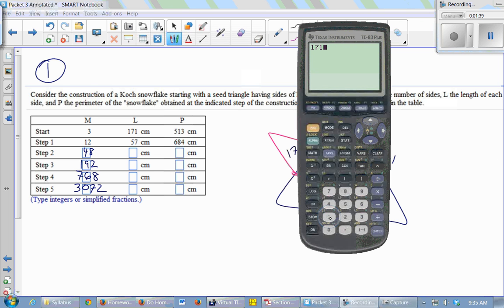So 171 divided by 3 is 57, divided by 3 is 19, divided by 3 is 6 1/3. It asks you to put your answers in as either an integer, which is like a counting number, or a simplified fraction, so not as a decimal. So you couldn't enter 6.3333.